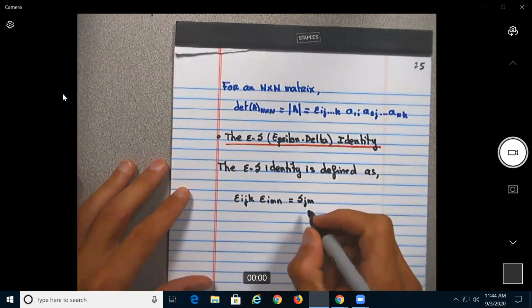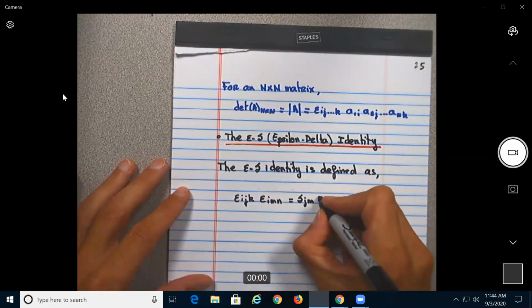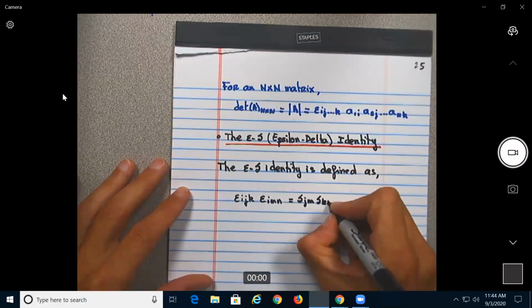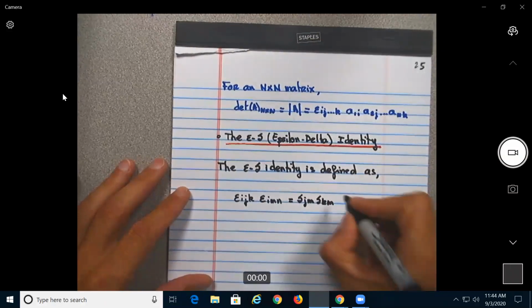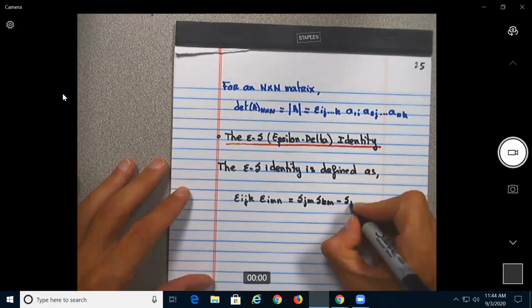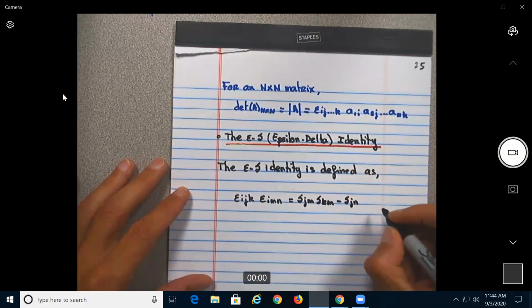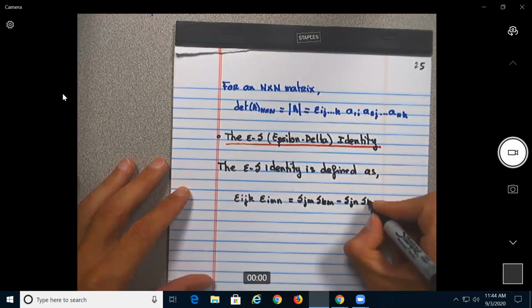Now I'll tell you how this is done. Delta km minus delta jn delta km.